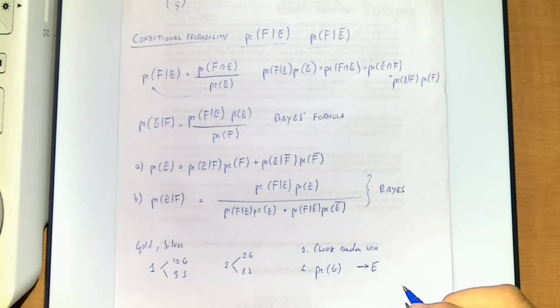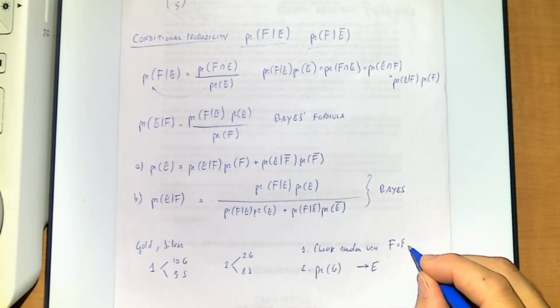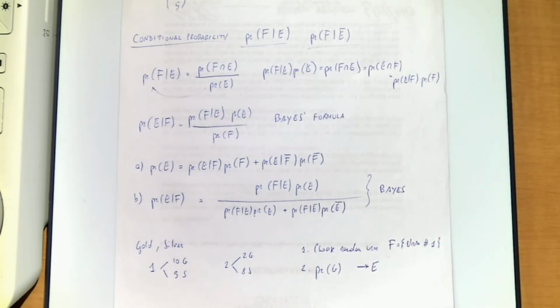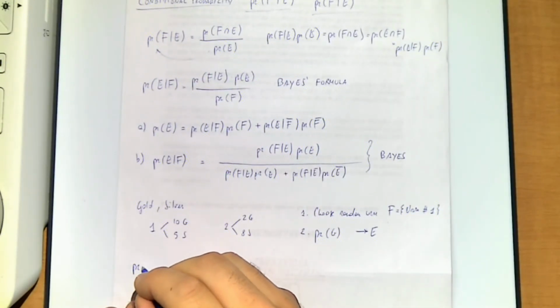So we also define F as the event of choosing urn number 1, and not F is urn number 2.